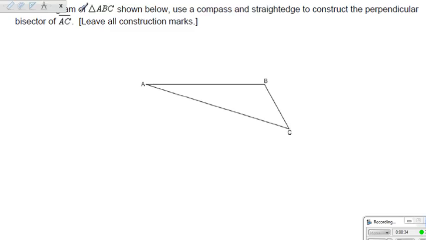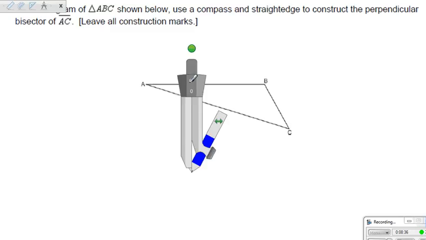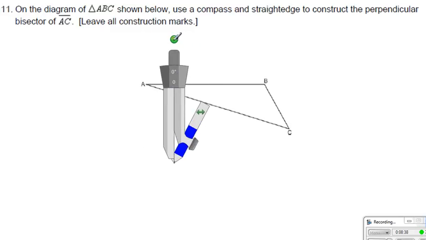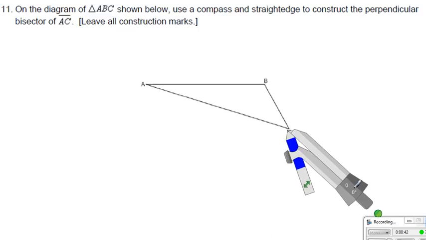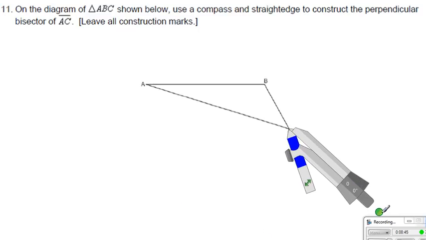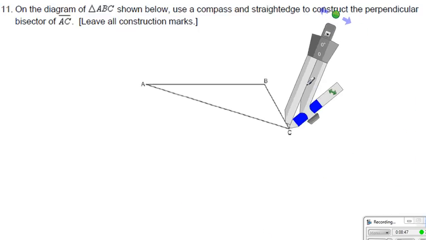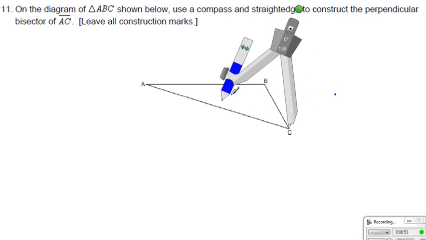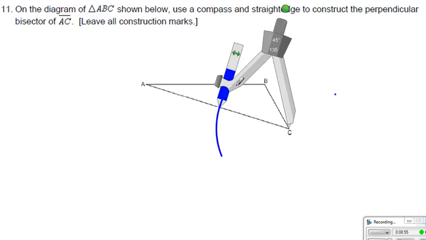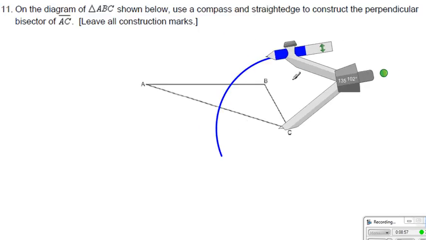All right, using a compass and straightedge strategy, construct a perpendicular bisector of AC. Perpendicular bisector, first what we need to do is we gotta bring a compass and then come more than halfway and draw an arc.